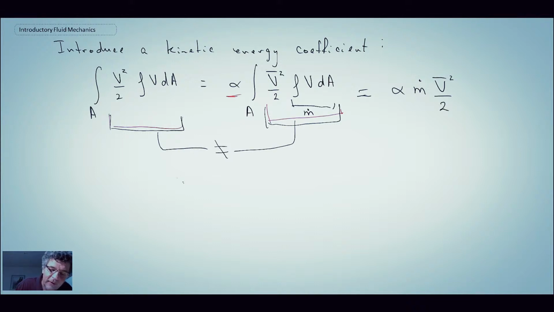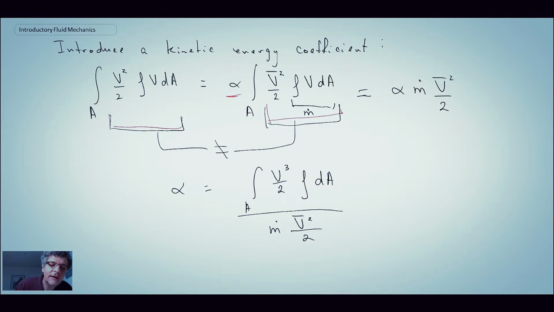And so with this, we can then define what alpha would be. So we get that as the definition for this kinetic energy coefficient alpha, and we'll see that in the energy equation when we're dealing with pipe flow.